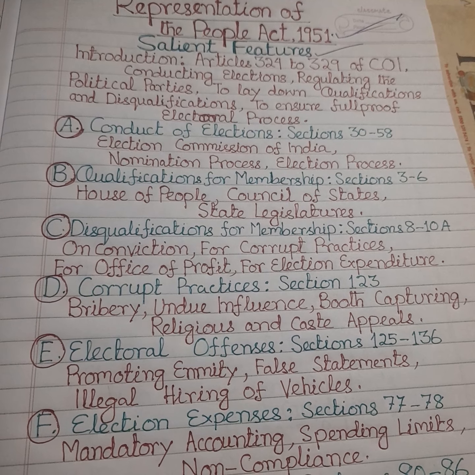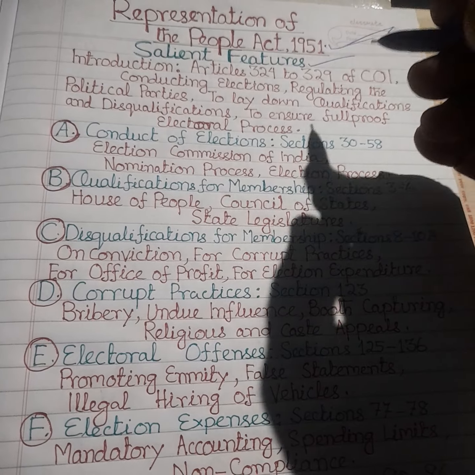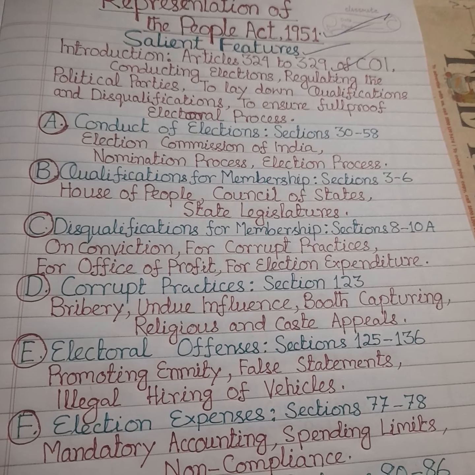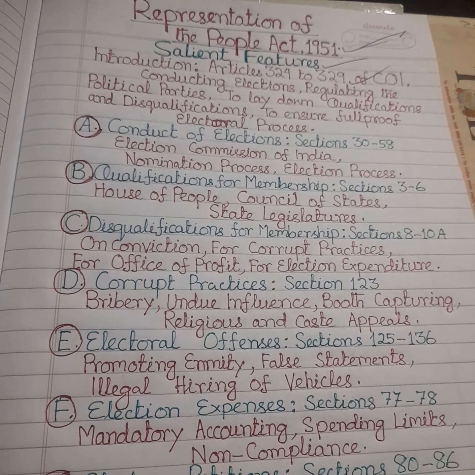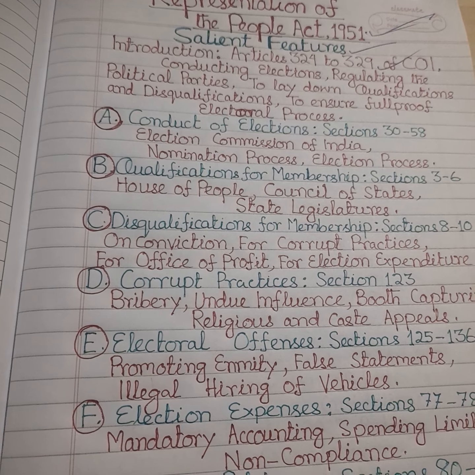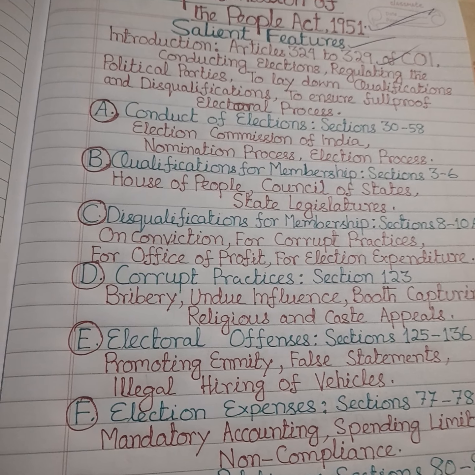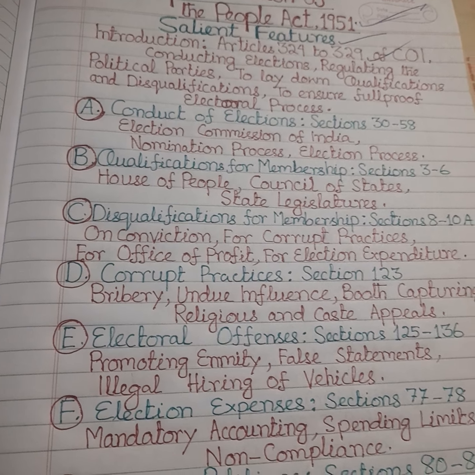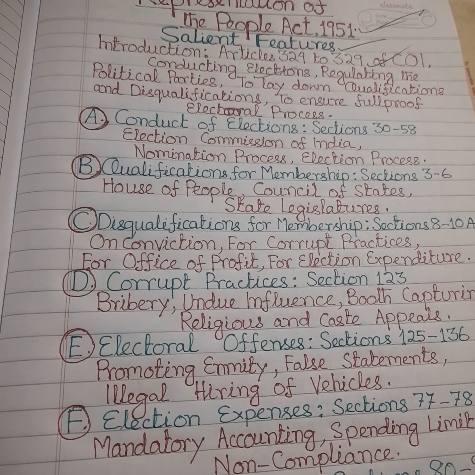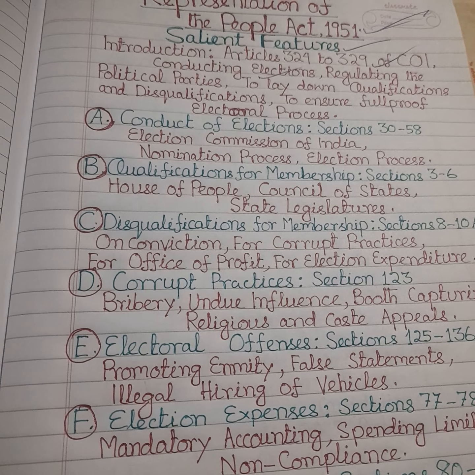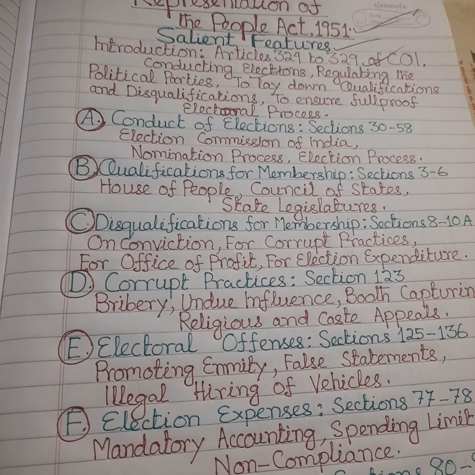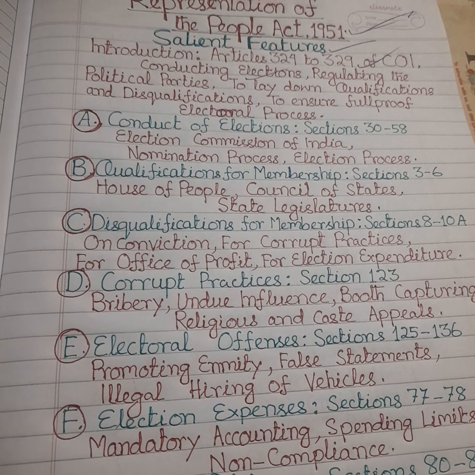So, Articles 324 to 329 of the Constitution of India provide for the establishment of a constitutional commission, not a statutory commission, and that is the Election Commission of India, for conducting elections to all houses of the legislative assemblies and also to both houses of Union Parliament.